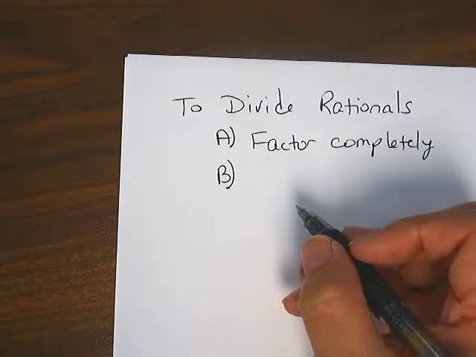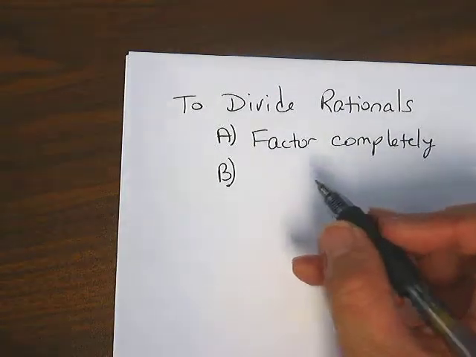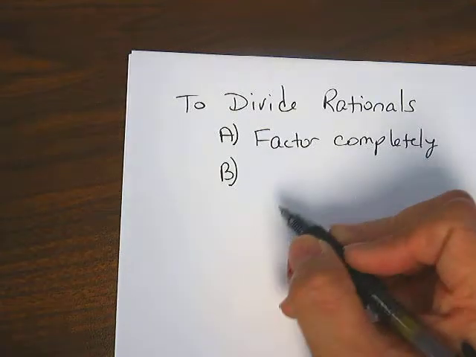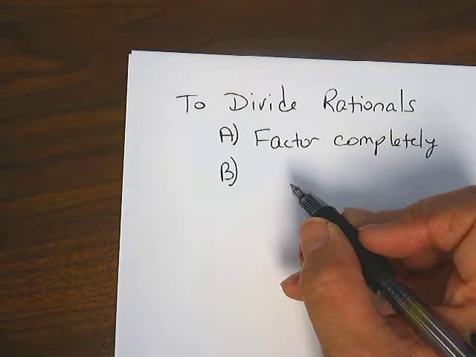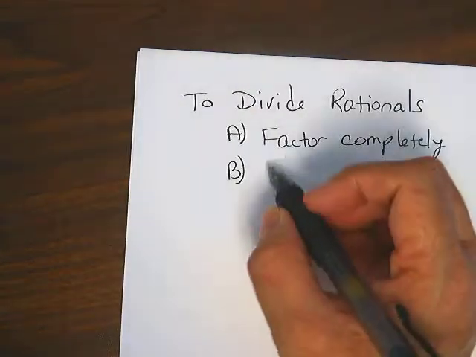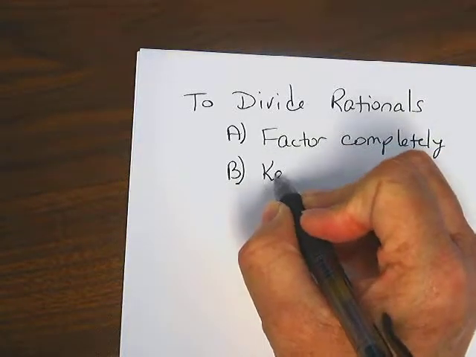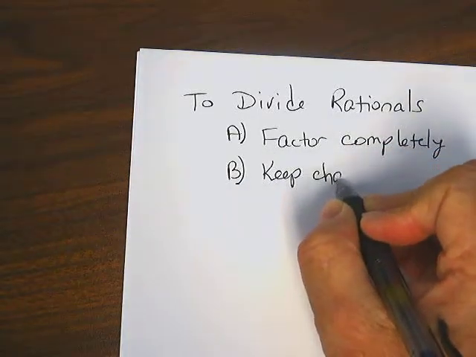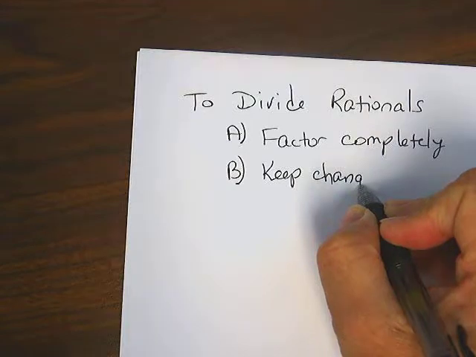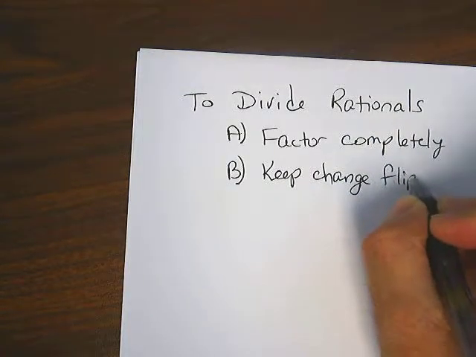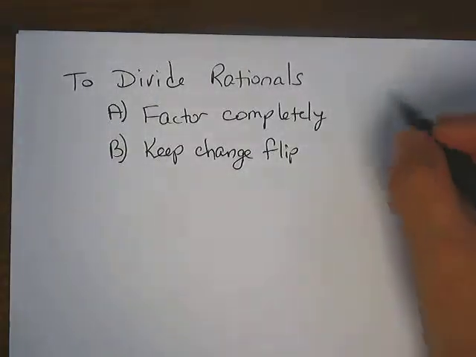When we divide fractions, we take the bottom fraction and have to take the reciprocal of it. So some of you learned this as keep, change, and flip. And I'm just going to show you real quick on the side here.